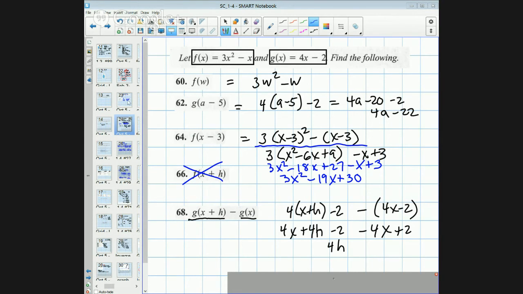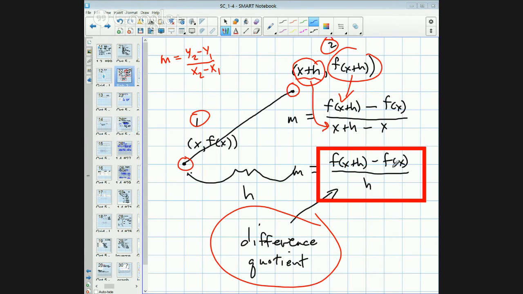That kind of looks like half of this thing, doesn't it? Except it's g of x plus h minus g of x instead of f. Yeah, they're kind of weaning you onto, getting you used to doing a difference quotient of your own.